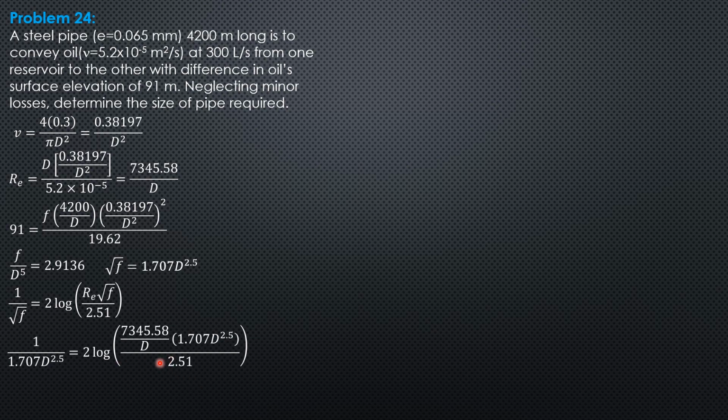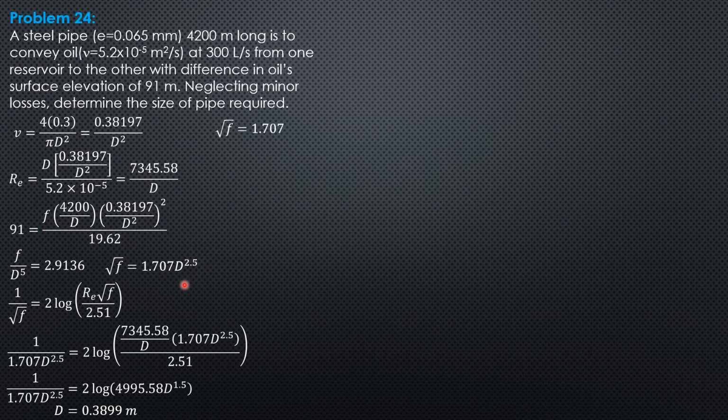So simplifying the right side, 1 over 1.707 d to the 2.5 equals 2 log of 4995.58 d to the 1.5. d to the 2.5 over d is d to the 1.5. So using the high-tech calculators, solve for d. d is 0.3899 meter.